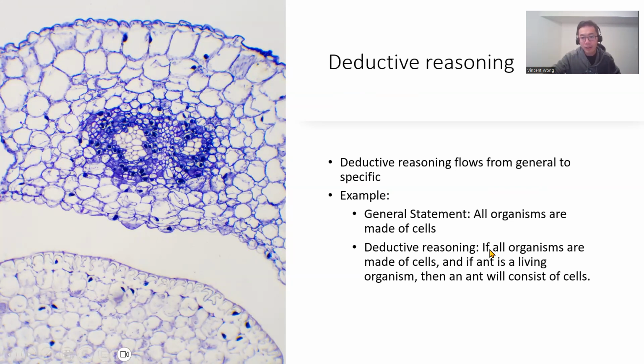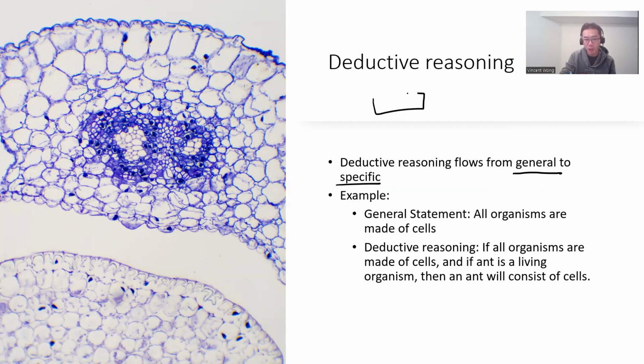So if all organisms are made of cells, and you apply it to an ant or something. I haven't looked at ants under the microscope, but since the ant is living, it probably is also made up of cells, right? So that's deductive reasoning, and it flows from general to specific.